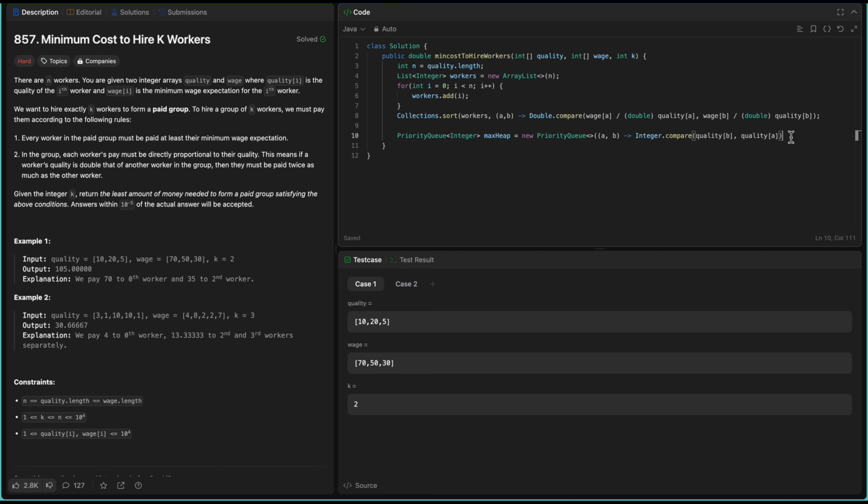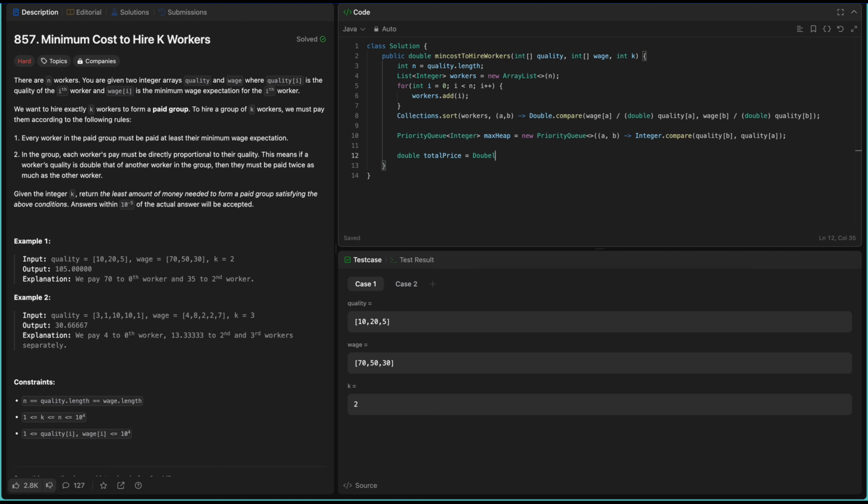Once we do this, now we can start iterating onto the workers array, or workers list, that we just created. Another thing, last thing we will need is double answer, which is the total price that we pay, right?